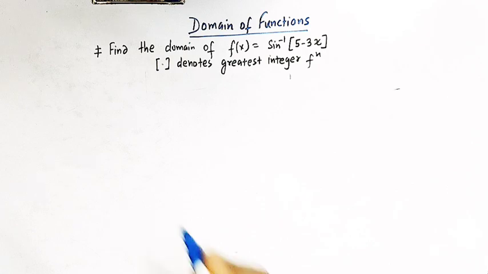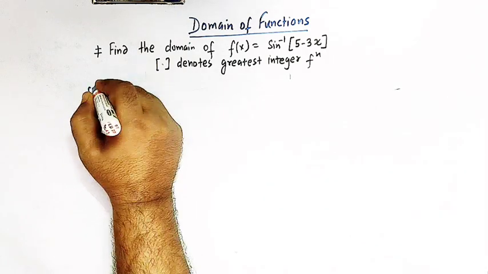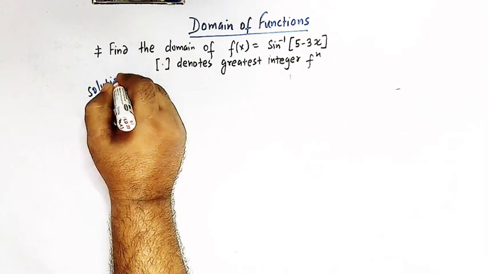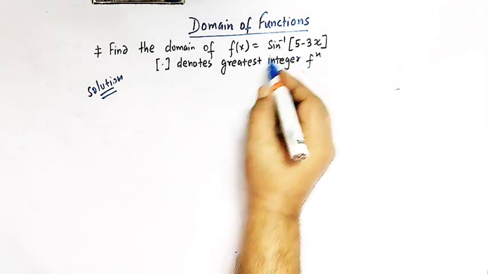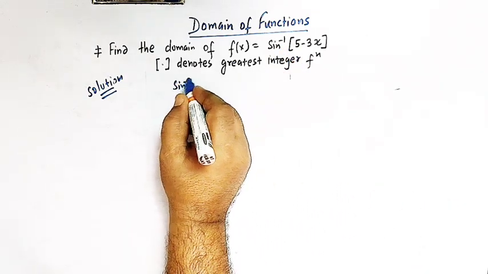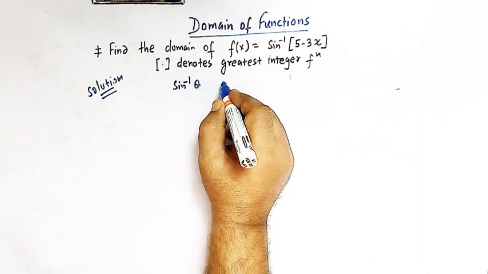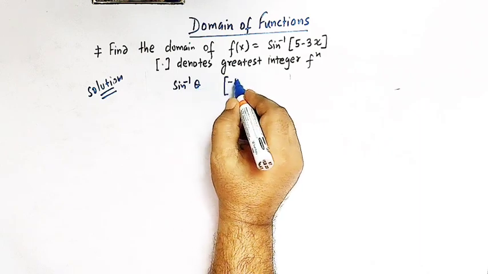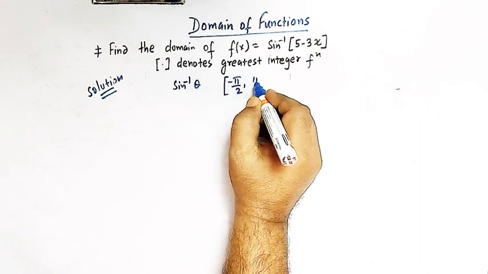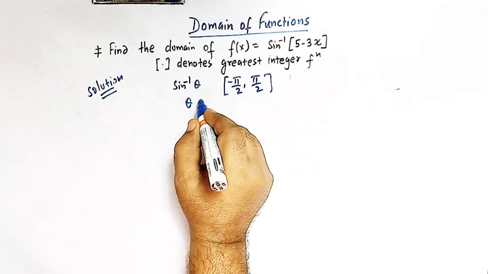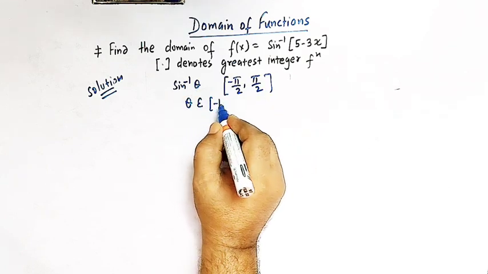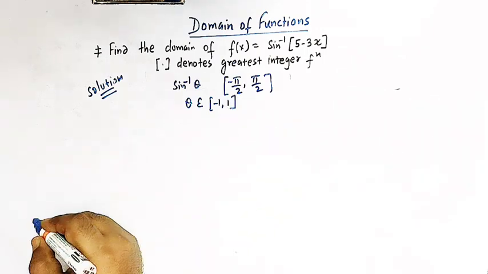So here the first important concept is that the range of sine inverse theta is given by this interval, that is minus pi by 2 to pi by 2, when this theta belongs to the interval minus 1 to 1, right?